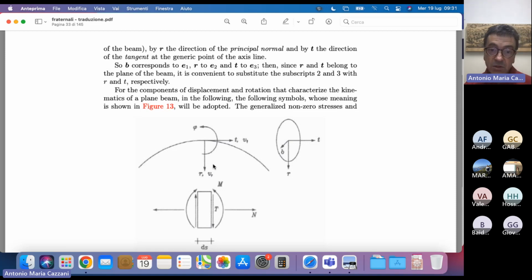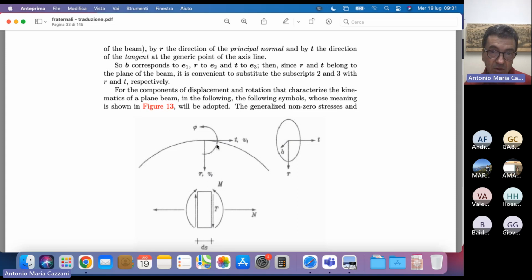The axial force N is directed along the tangent direction. The shear force T is directed along the normal or radial direction.